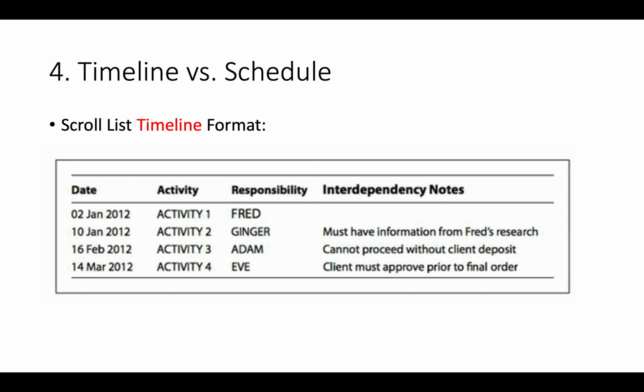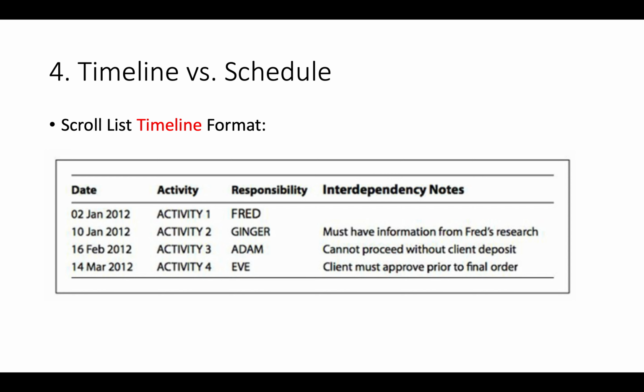In addition, we also need to have a timeline for our events management team, which includes the date, the activities, responsibility, and some interdependency notes for the events management team to use.